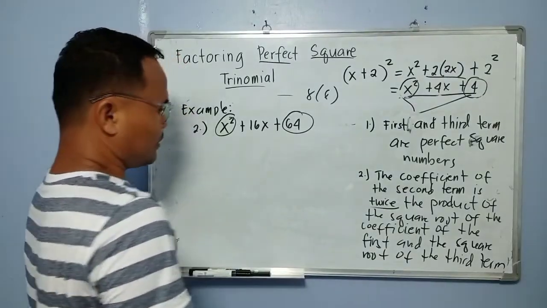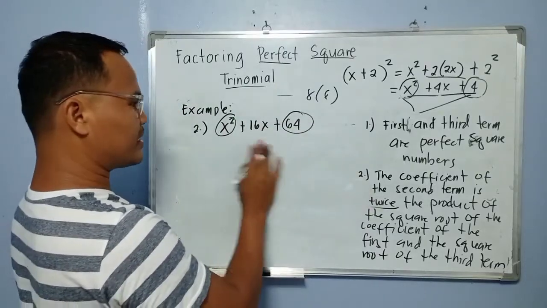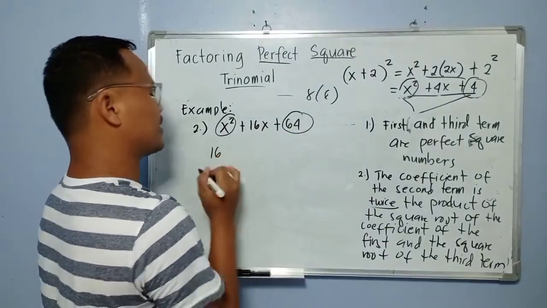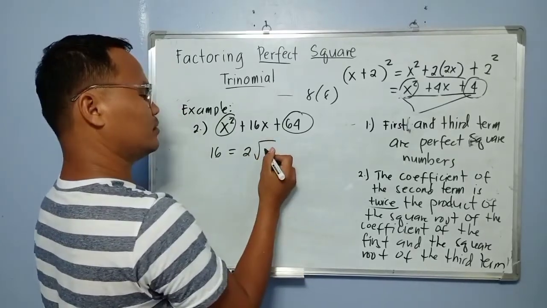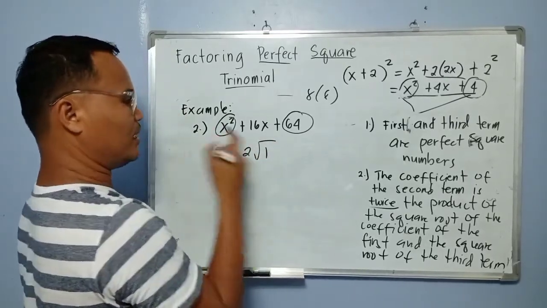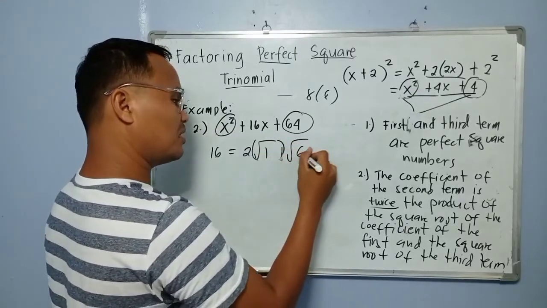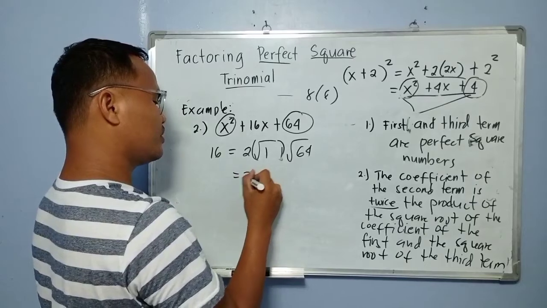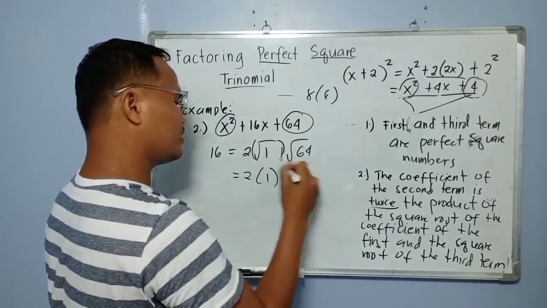Now, the second condition, the coefficient of the second term. The second term is 16x. The coefficient is 16. Is it twice the square root of the coefficient of the first term, which is 1, times the square root of the third term? Okay? 2. Square root of 1 is 1. Square root of 64 is 8.